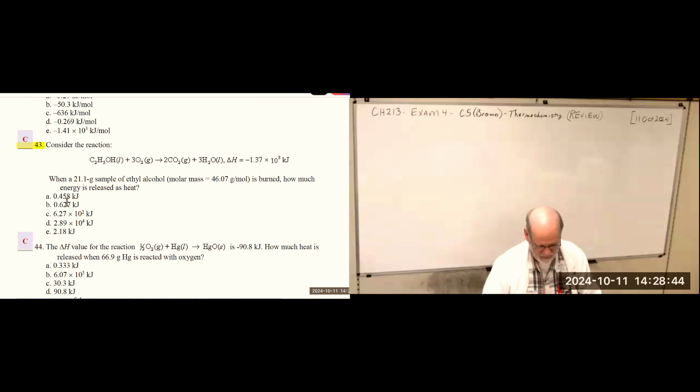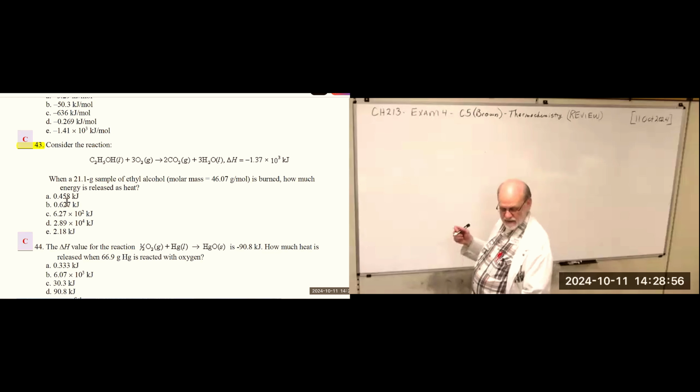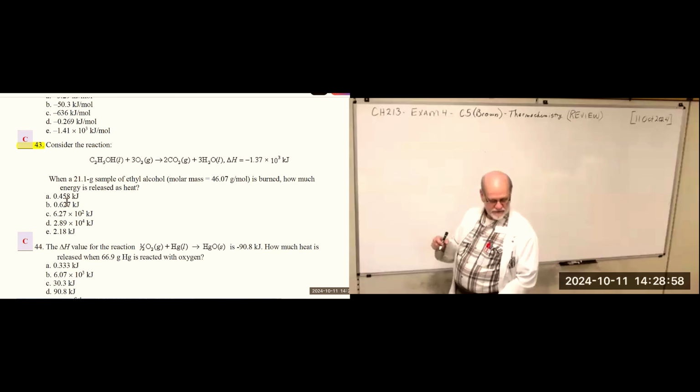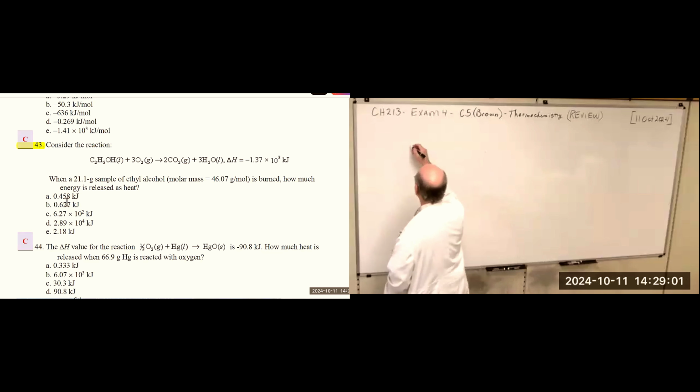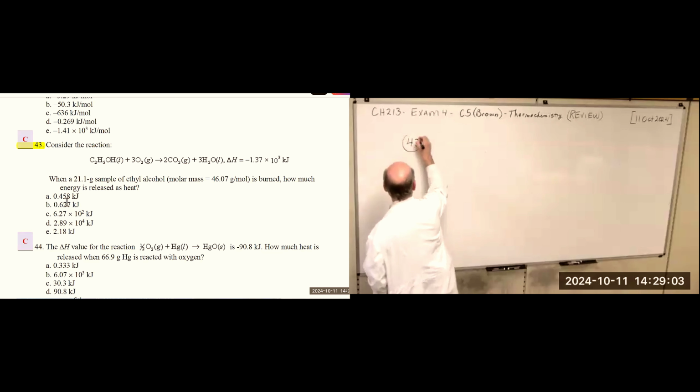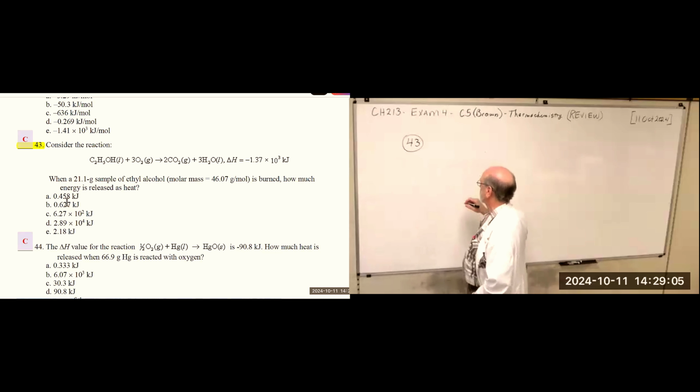Let's see. 43. Consider the reaction. Okay, we're burning alcohol again. When a 21.1 gram sample of ethyl alcohol is burned, how much energy is released? Okay. So this is a stoichiometry problem with heat as a factor.